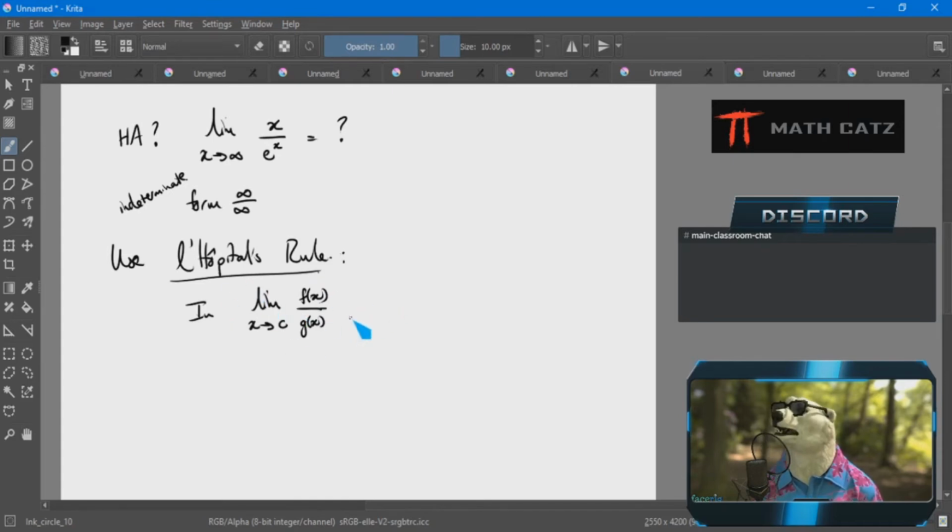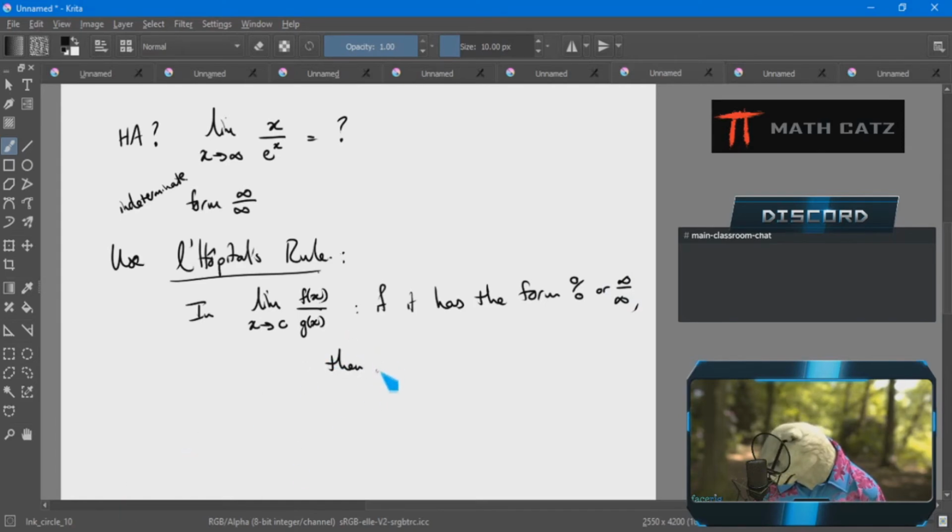If I have a limit like that, and it has the form 0 over 0 or infinity over infinity, then the limit equals the same limit, x goes to the same thing, of the ratio of the derivatives.